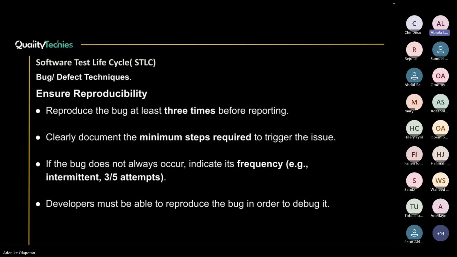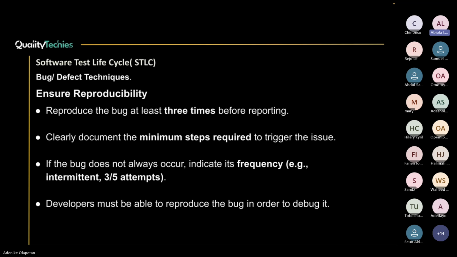We have to adopt a different process flow to confirm that this is actually a defect. So we need to reproduce it at least twice or thrice, before you can now say this is actually a defect.